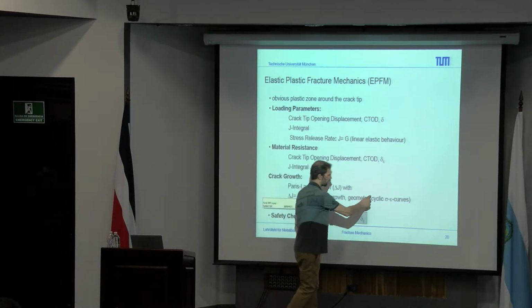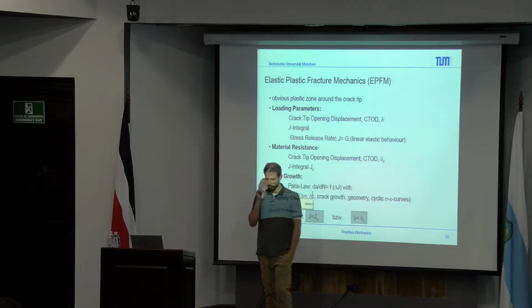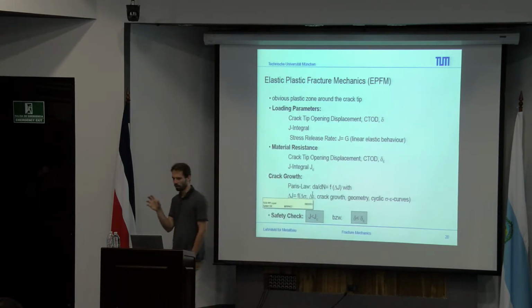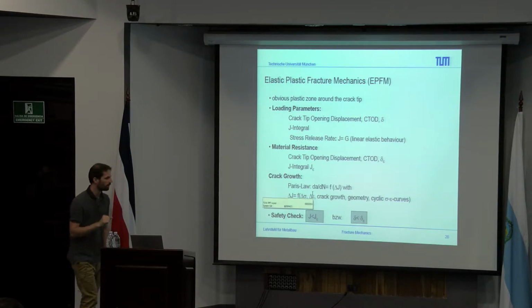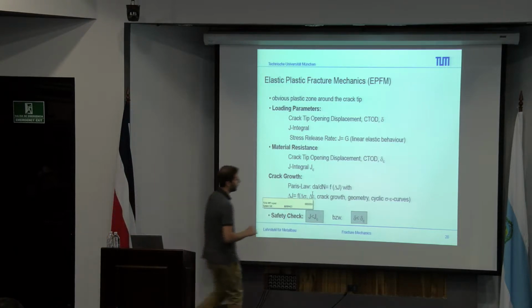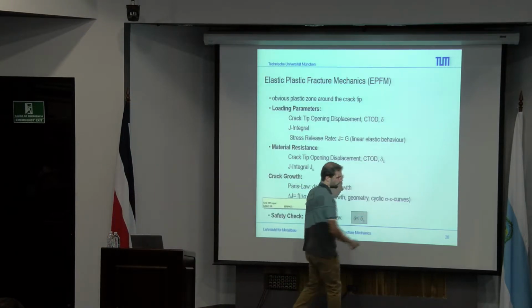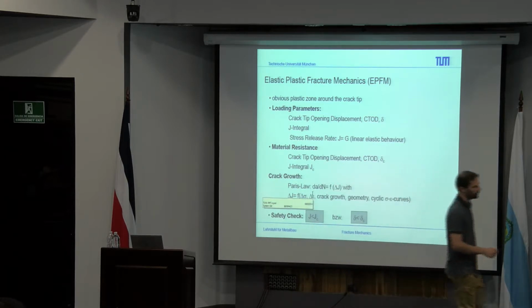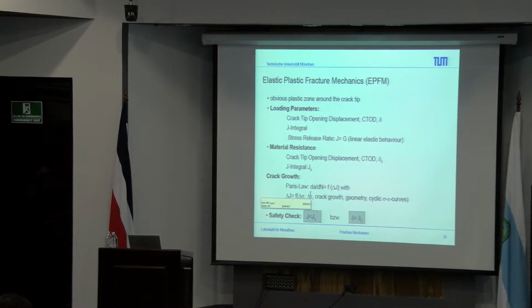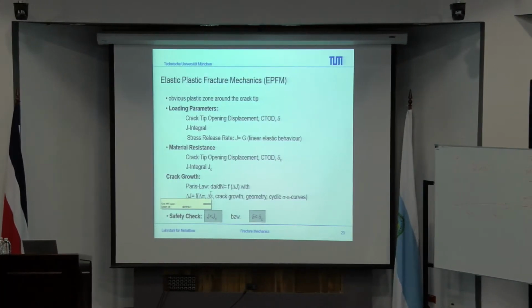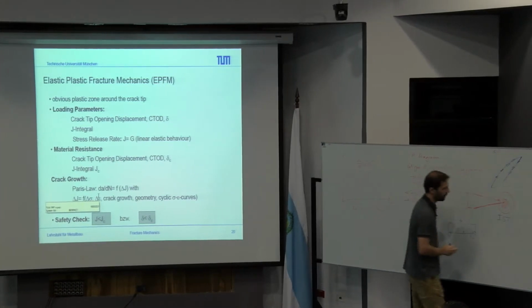So this is something I have talked about on Wednesday. So the cyclic sigma-epsilon curves, this is where we go into, for example, a specimen and apply the incremental step test.